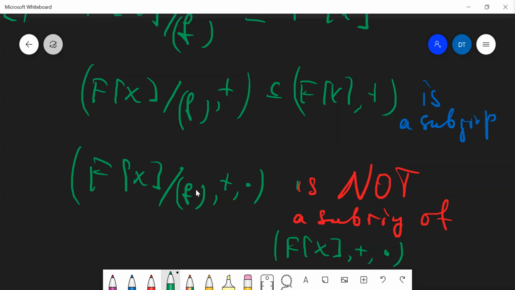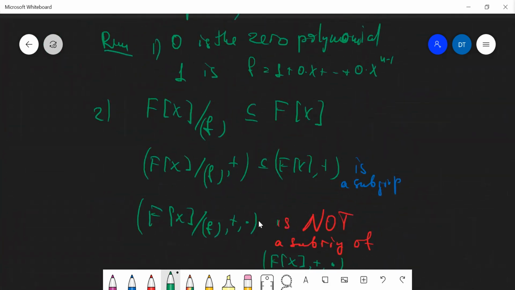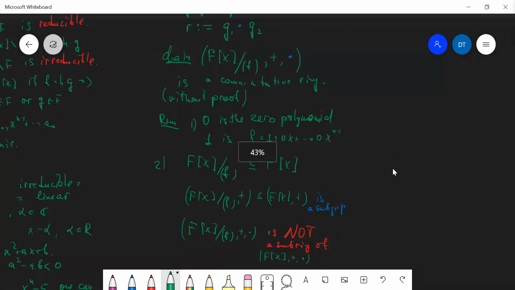So it's not true that this is a subring here. That's a very important remark, because multiplication here is just the usual multiplication, and multiplication here is multiplication followed by this taking remainder operation.